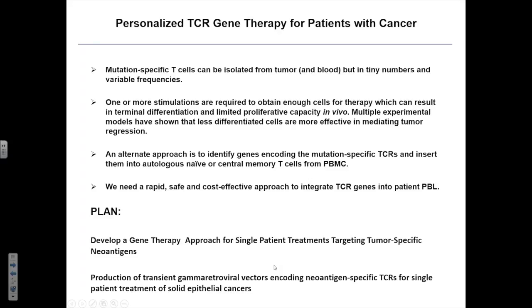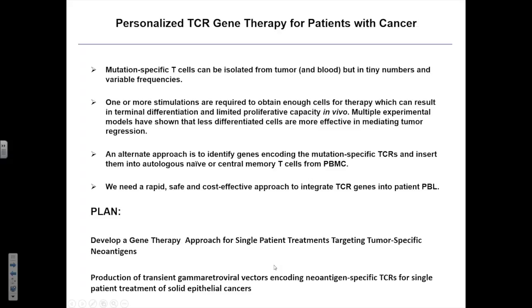So I suspect if we were to go to melanoma and actually identify the cells that recognize mutations, our response rate would likely be much higher, but we've diverted our attention now to these epithelial cancers that, again, result in 90% of all cancer deaths. Now, the question of whether or not the tumor will downregulate expression of an antigen if it's not essential for the malignant phenotype is an important one, which is why we're working hard now to identify multiple T cell receptors from an individual patient so we can give multiple ones at the same time.